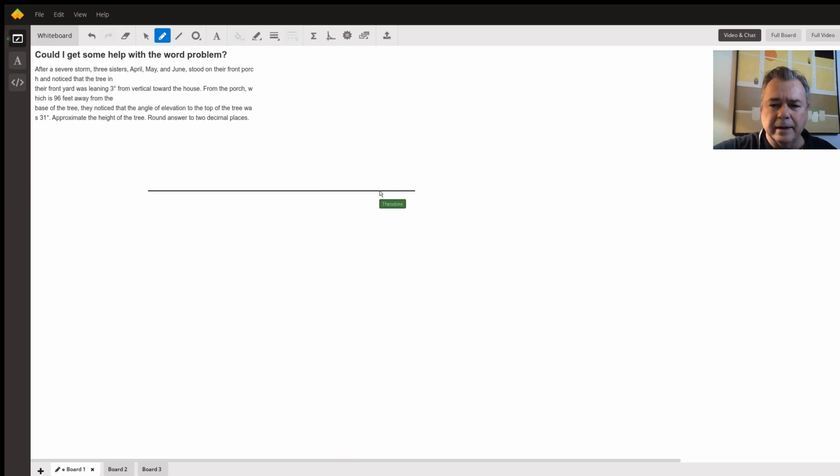There's a tree that is leaning 3 degrees from vertical. Now, this would be a vertical tree, and if it's leaning 3 degrees, it looks something like that. And from the porch to the top of the tree, there's an angle of 31 degrees.